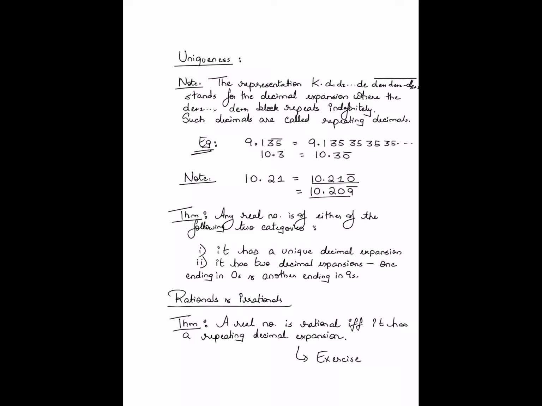What you now have to prove is the converse. That is, if you do have a rational number, then in computing its decimal expansion, you will necessarily end up getting a repeating block eventually. And this in fact boils down to the long division interpretation of the decimal expansion. Use the long division interpretation.